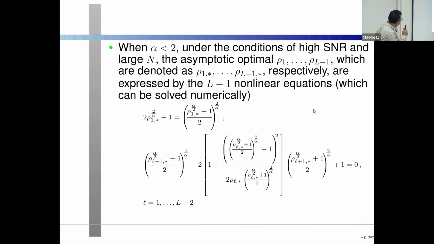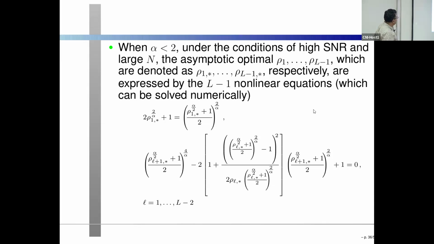Now, when alpha is less than 2, the first level is not 0. That is the most important thing. Then again you have this nonlinear equation to solve for rho 1, which is gamma 2 by gamma 1, right?